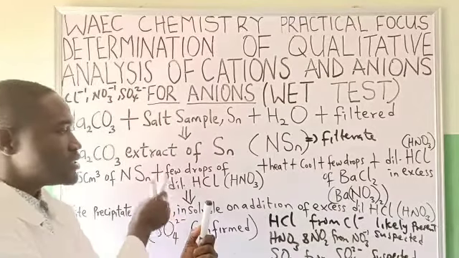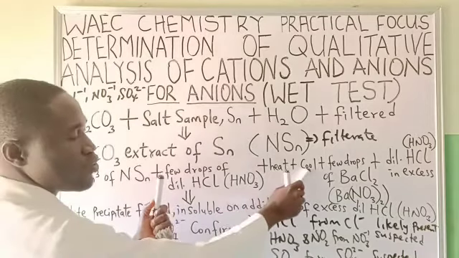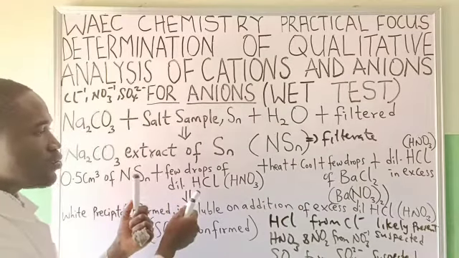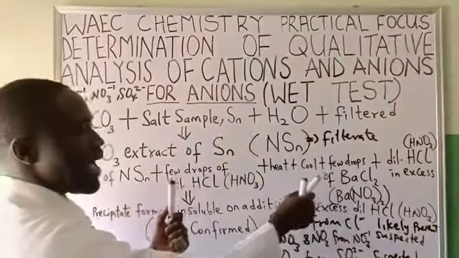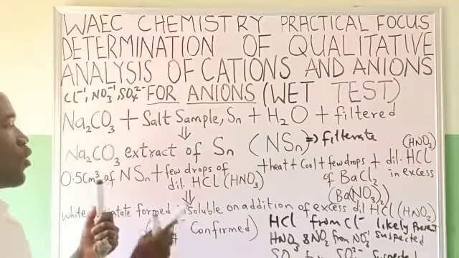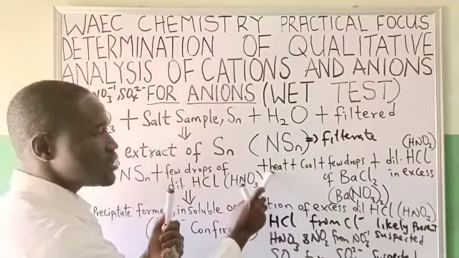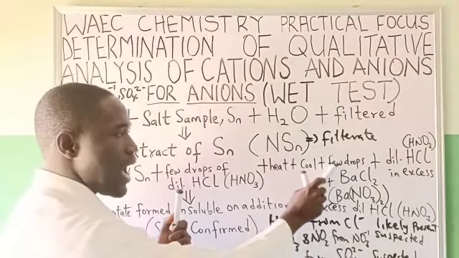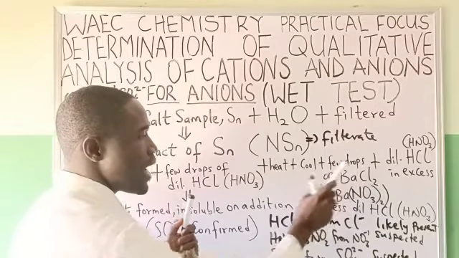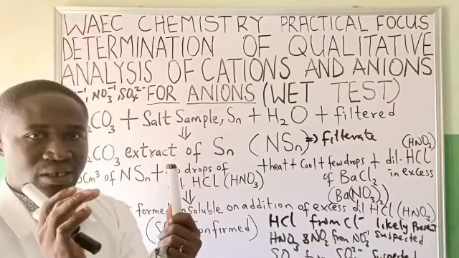As I put this and heat it, you'll be noticing that as it is cooling, white PPT will be about to form as you are adding few drops of barium chloride. So when you put few drops of dilute HCl, heat it, on cooling, add few drops of barium chloride. You will see a white PPT form like milk.